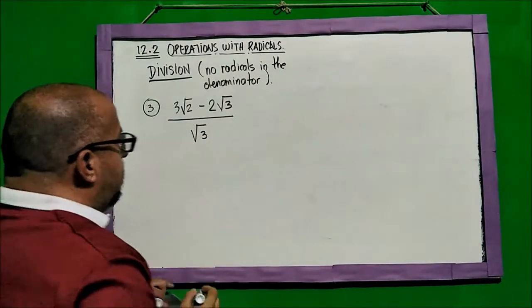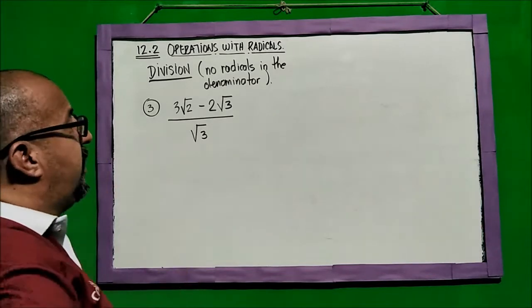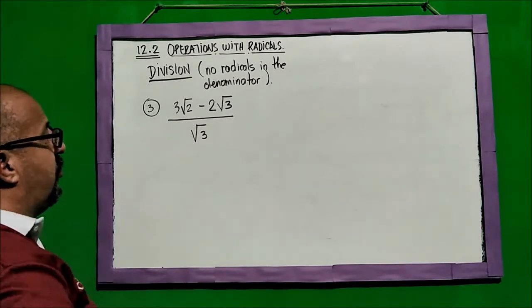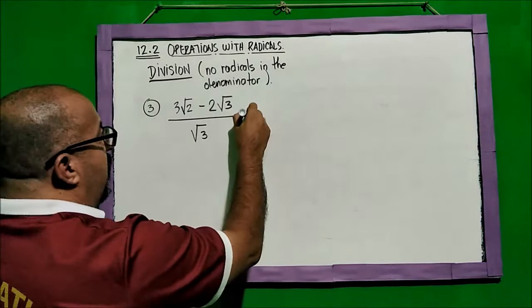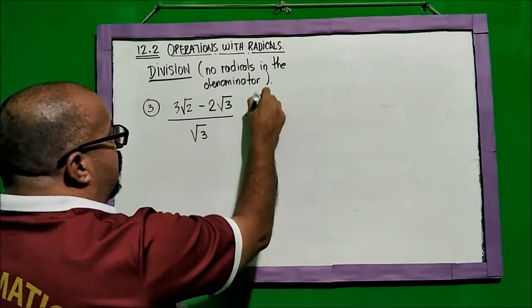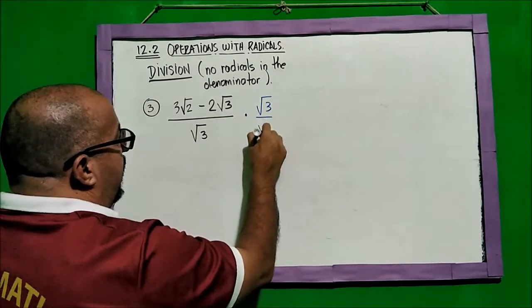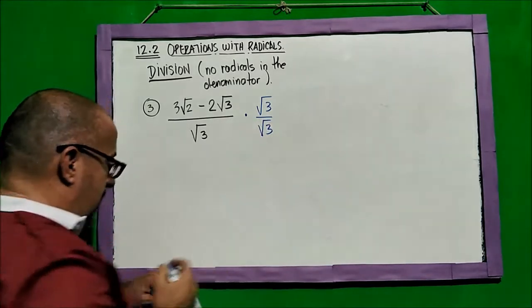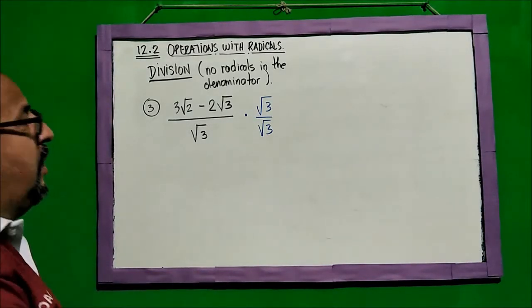So having this, I'm going to avoid repeating the expression again, so I know that I'm going to eliminate the radical by multiplying by the square root of 3 divided by the square root of 3, and then we proceed to apply the process.